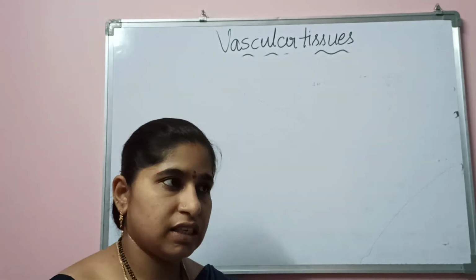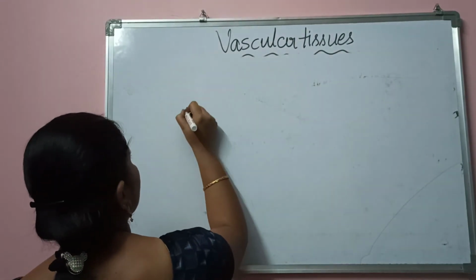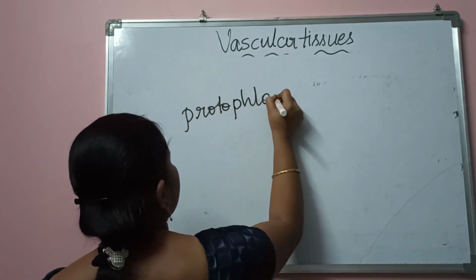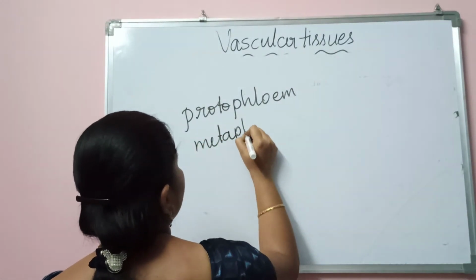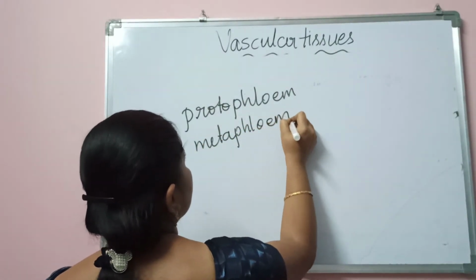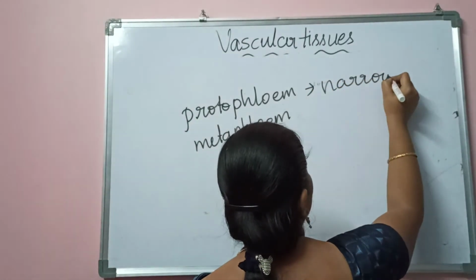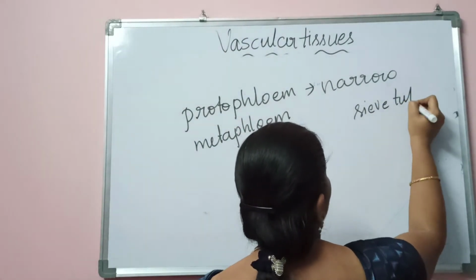Here also you have the protophloem and metaphloem. Protophloem and metaphloem will be present. In the protophloem, narrow sieve tube elements will be formed.